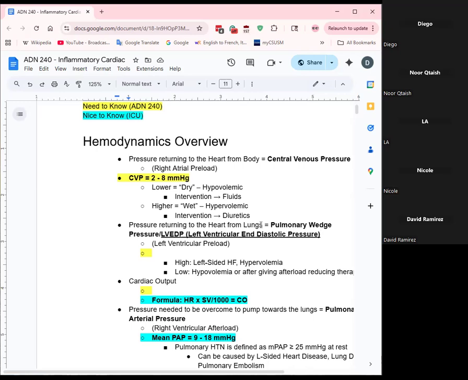That is the pressure that is estimated by this value. So you could also think of it as a left ventricular preload. So the pressure that's now built up in your left ventricle after coming back from your lungs. So what is this normal value?